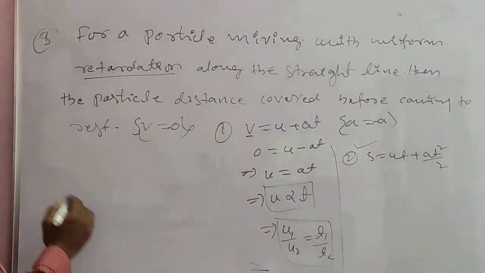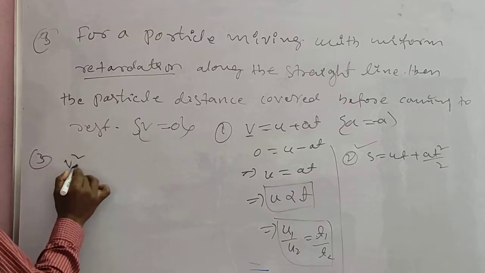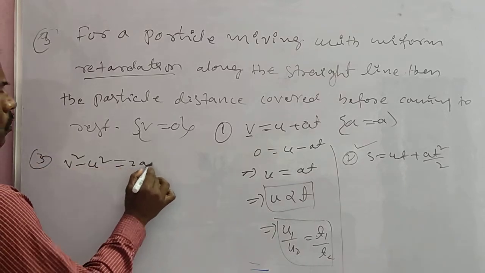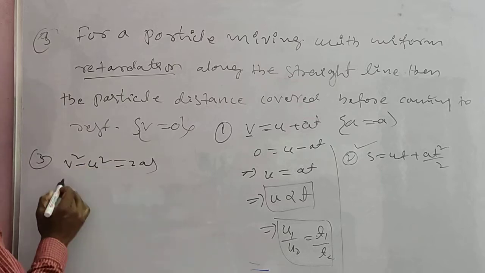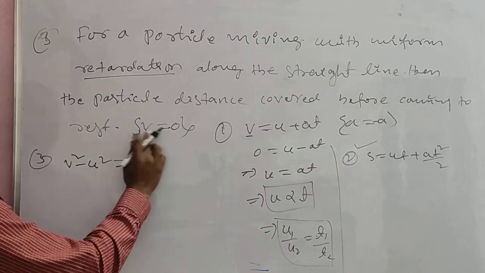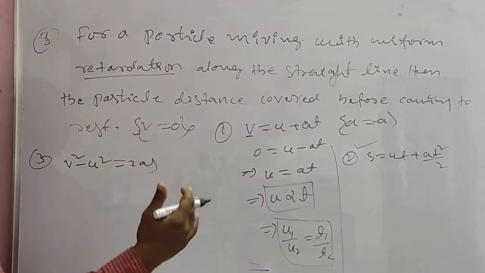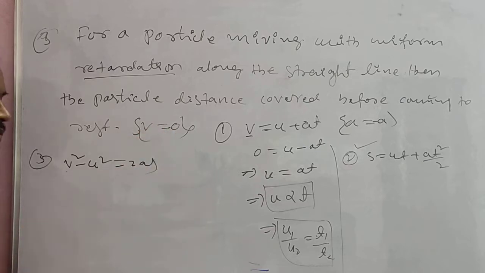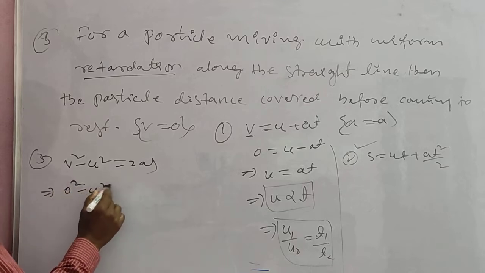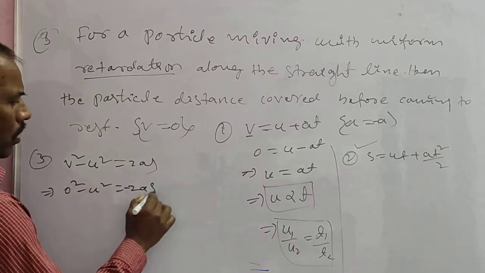Next, the third equation, v square minus u square is equal to 2as. This changes the relation between initial velocity and displacement. Here the final velocity is 0, before coming to rest after some time. Substituting v is equal to 0, 0 square minus u square is equal to minus 2as.